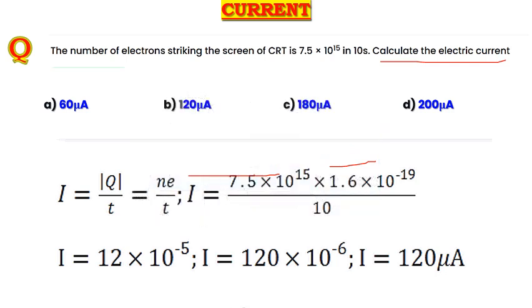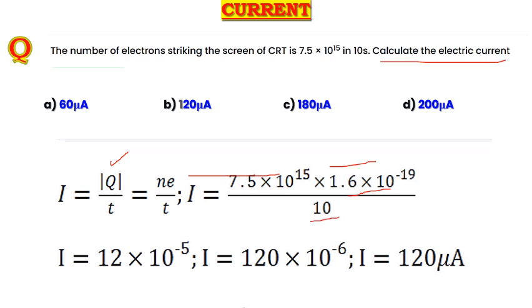Current is the flow of electrons, which we can express with the help of time. So I is equal to charge by time, I = q/t. Here q is the total charge, which is n into e, where n is the number of electrons and e is the charge of the electron. So n is 7.5 into 10 power 15, e is 1.6 into 10 power minus 19, divided by 10.